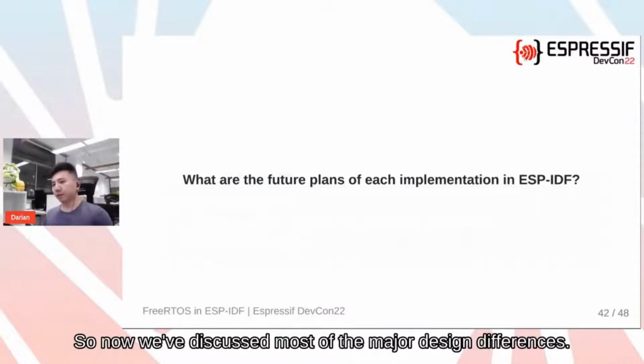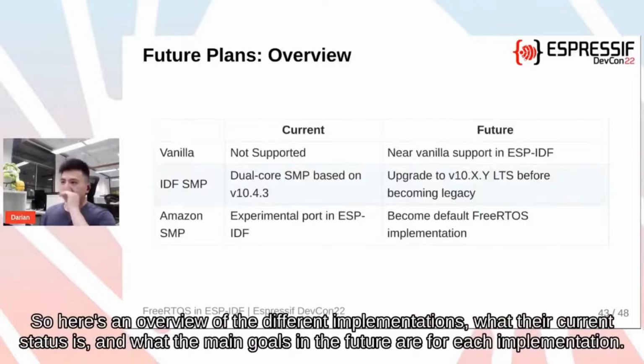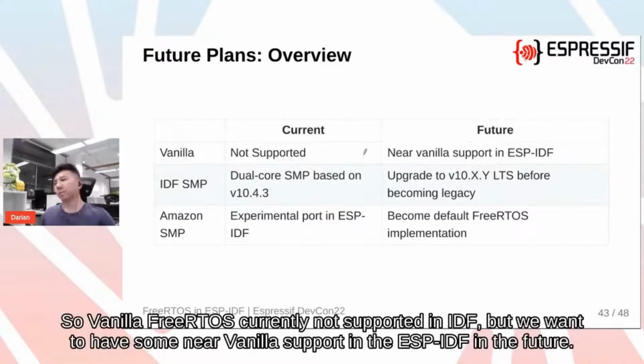So now we've discussed most of the major design differences. Let's now talk about the future plans of each implementation in ESP-IDF. So here's an overview of the different implementations, what the current status is, and what the main goals in the future are for each implementation. Vanilla FreeRTOS is currently not supported in IDF, but we want to have some near vanilla support in ESP-IDF in the future.